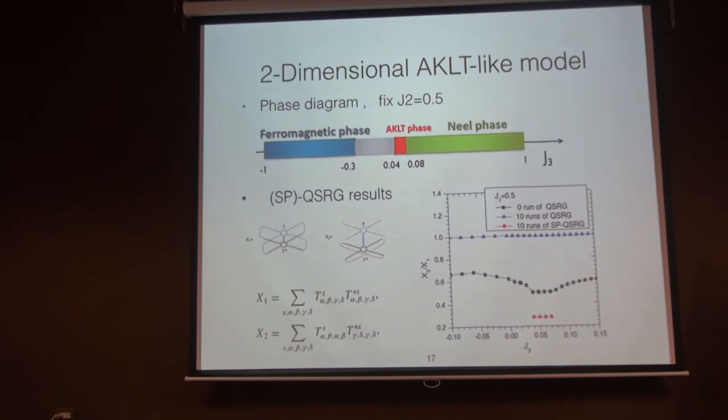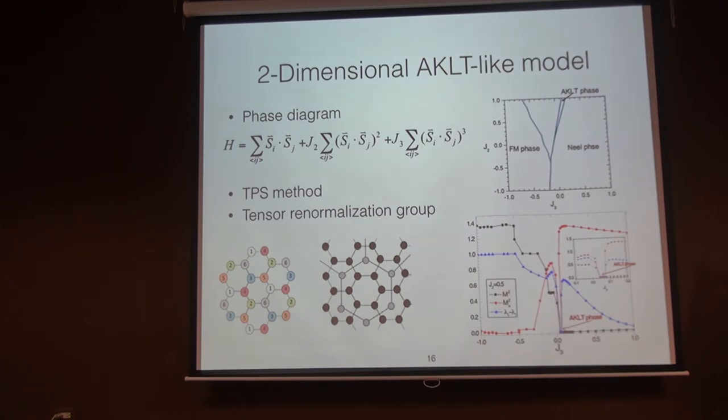Excuse me, the AKLT phase is protected by what symmetry? I preserve the SO3 symmetry. And SO3, yes. But the AKLT state in 2 dimensions, do you also require translation symmetry? I think I preserve the translation symmetry in the ansatz.